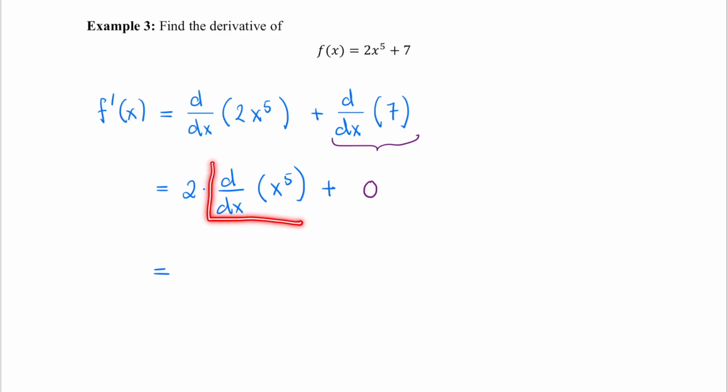Then we take the derivative of x to the 5th. We are using the power rule. So the derivative of x to the 5th is 5 times x to the 5 minus 1.